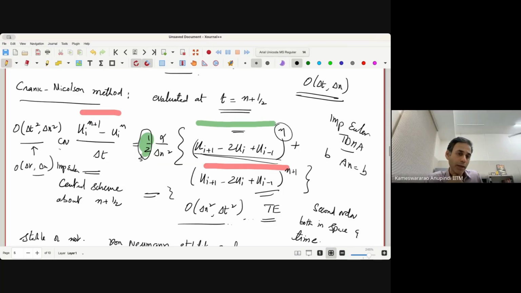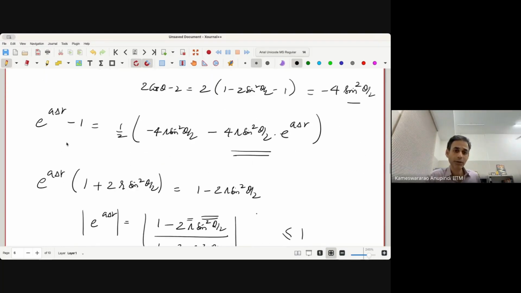So wherever possible, we should try to use the Crank-Nicolson method in place of implicit Euler, because you are essentially getting second order accuracy both in space and time at not much extra cost. So that's why we should always prefer it.